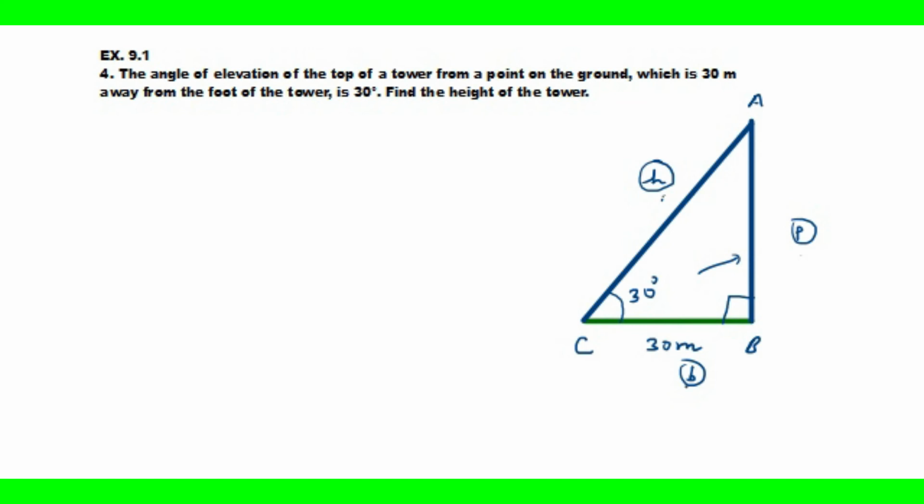Now what is the question? Find the height of the tower. It means you have to find the length AB. So let this height be h. In the solution we will write, let the height of the tower be h.